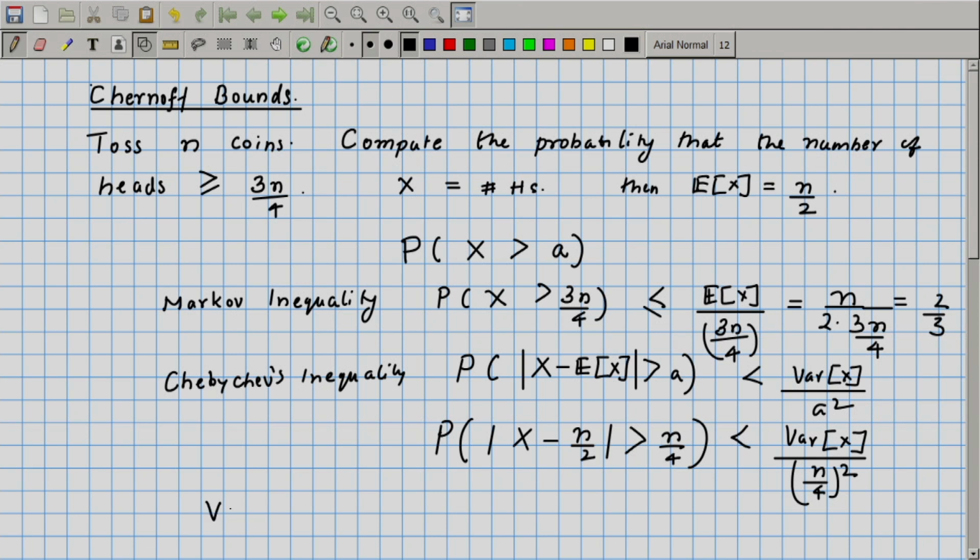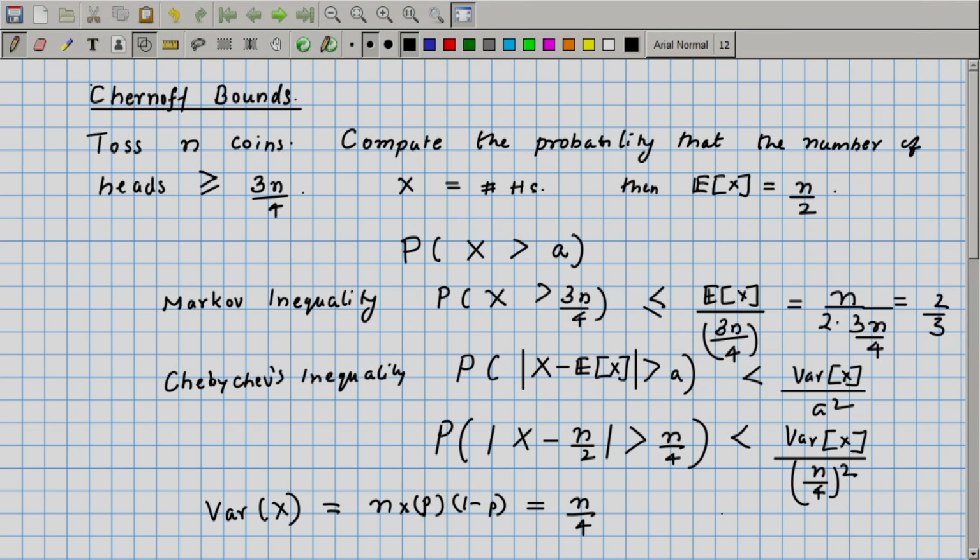Now, variance of this particular random variable is going to be n times p into 1 minus p, where p is the bias of the coin. So, that is going to be equal to n by 4.